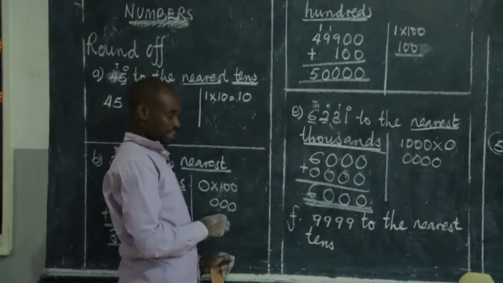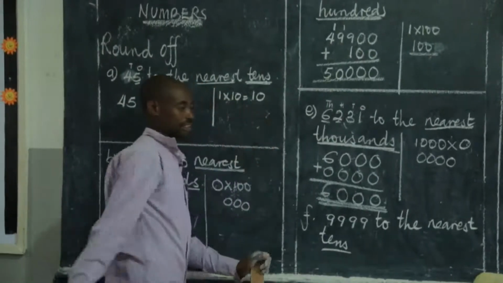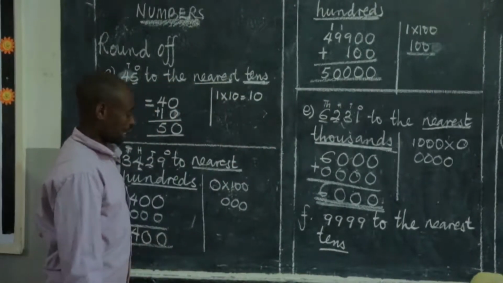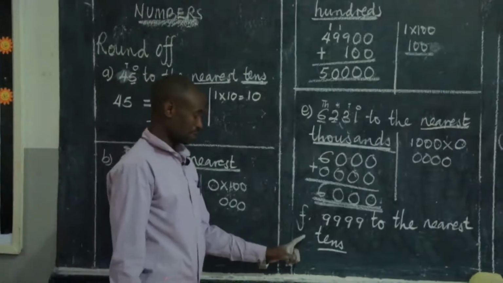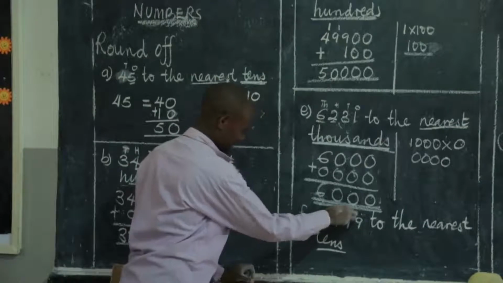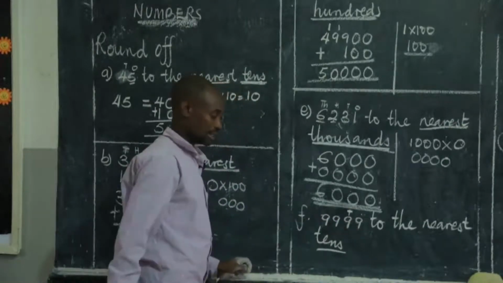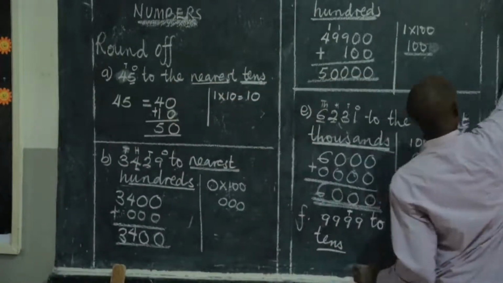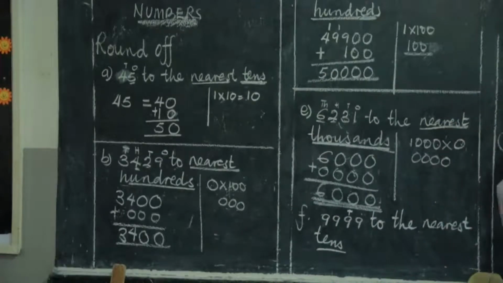Okay? Identify the required place value, tens. So I am going to write my number up to the required place value. So this one is ones, tens. So I'm going to write 9, 9, 9. Then this one, 0.